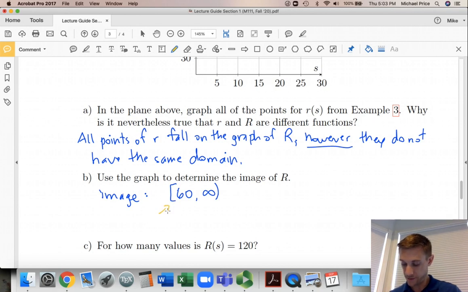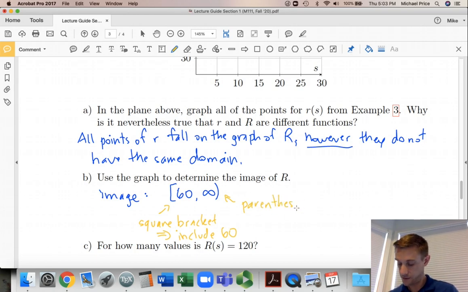So just a written reminder of this. So the square bracket next to the 60 means that we include 60. And then having the parenthesis here means we are going to exclude infinity.